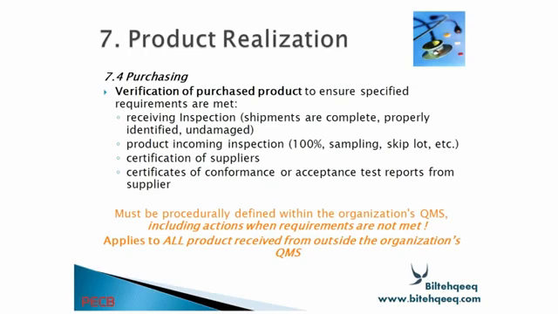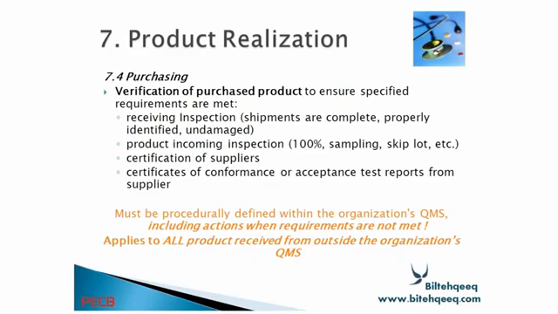So you can verify the product in any way. You can perform 100% inspection, or you can select some samples to check, or you can also trust the supplier certificate. It depends upon the nature of the product and the competency level of the supplier.